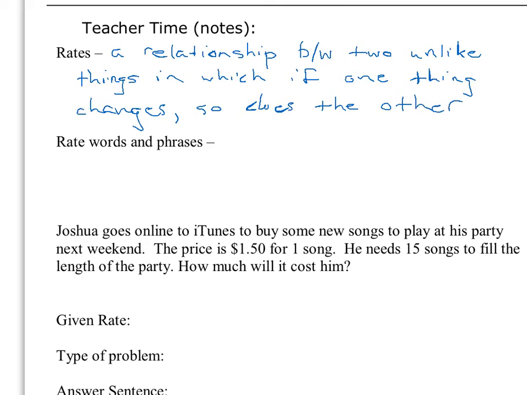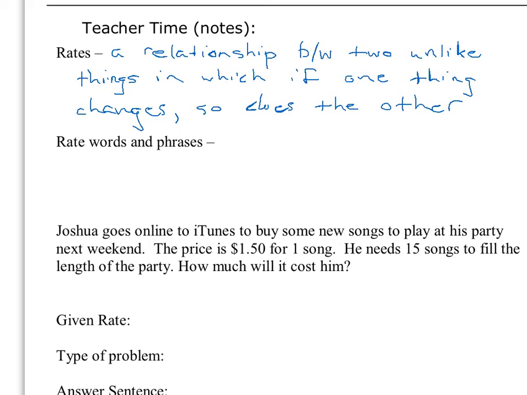So in the previous problem on the do now, we saw the amount of money and the amount of CDs. As you increase the number of CDs that you want to buy, that also increases the amount of money you have to have. Or you could think about it the other way. The more money you have, the more CDs you can buy. And so that's a rate. It's a link between two unlike things, in this case, CDs and money.